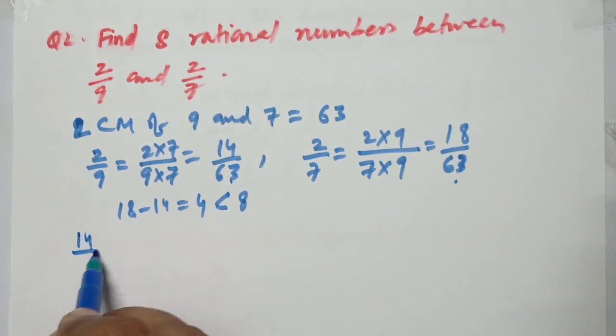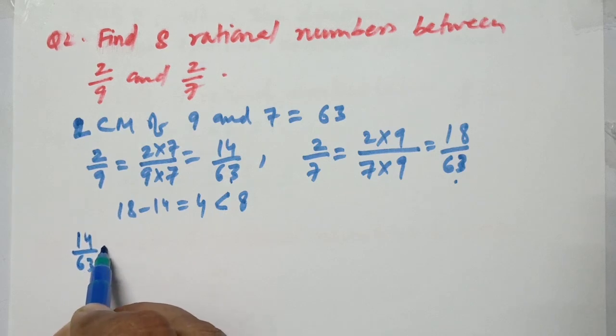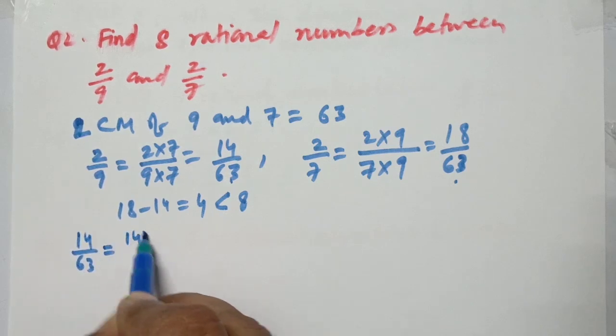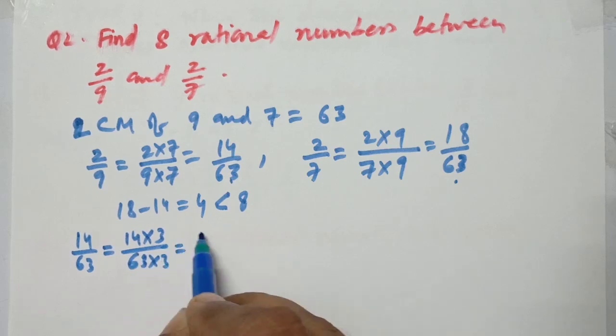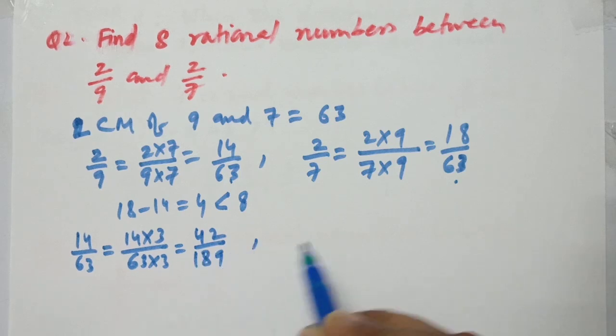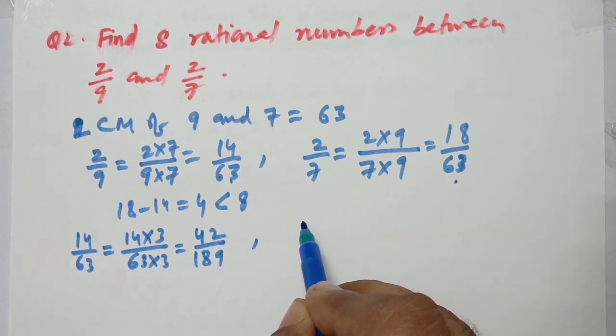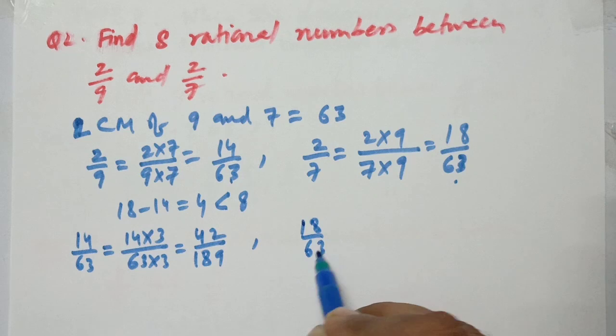So 14 by 63, if you multiply by 3, it becomes 42 by 189, and the second number is 18 by 63.